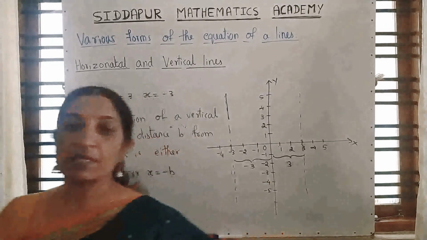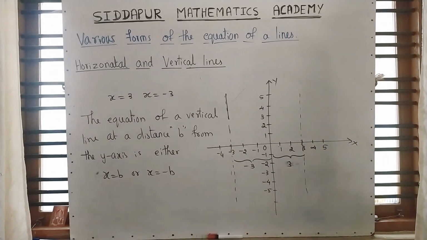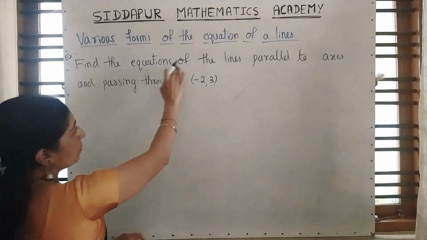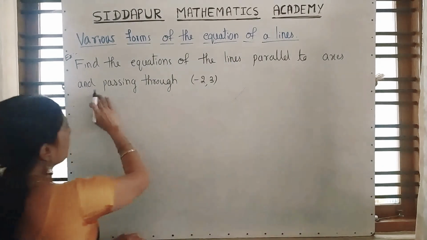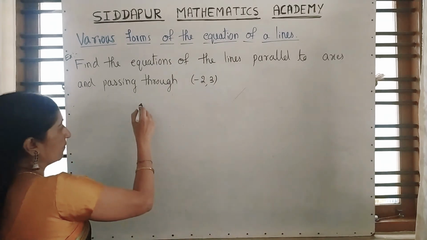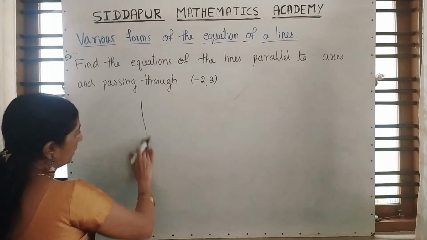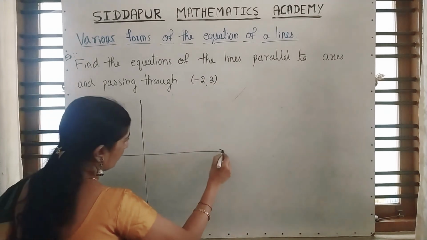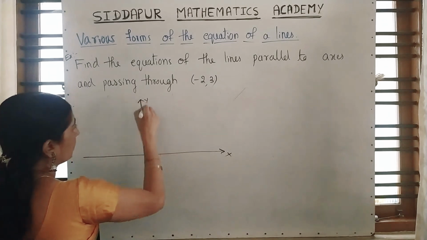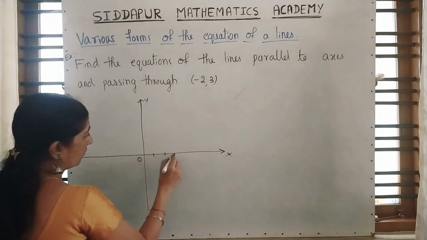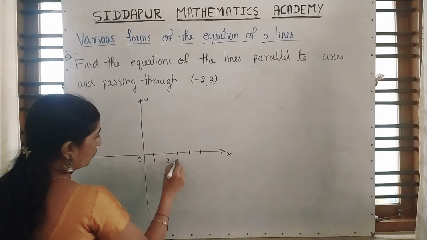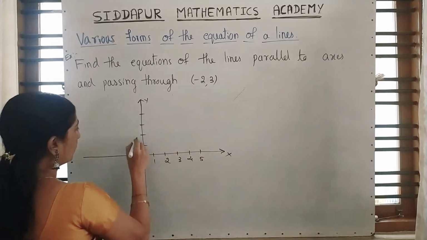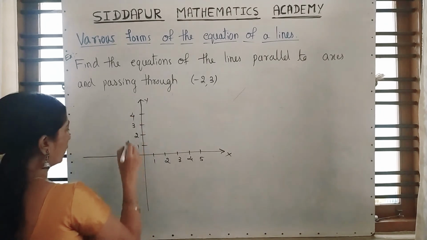Now I am giving you one example here. See the first question. Find the equations of the lines parallel to the axes and passing through minus 2, 3. First mark that in the graph. That graph only gives you the answer. One, two, 3, 4, 5. 1, 2, 3, 4.